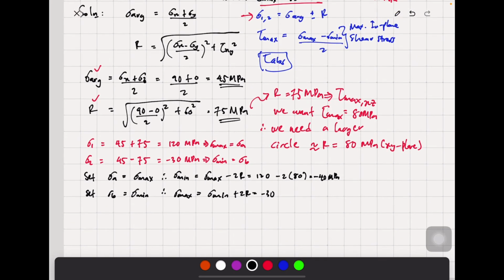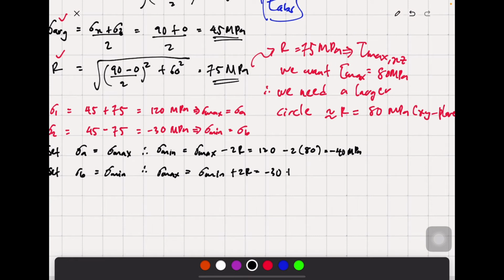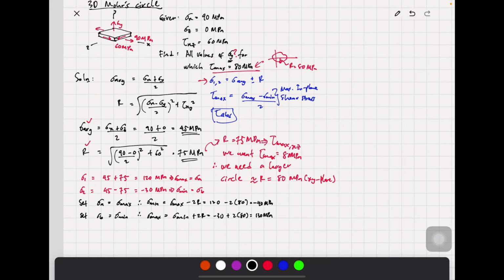Negative 30 plus 2 of the largest radius that we have, 80, right? Equals 130 megapascal, right? So that is the last two lines.